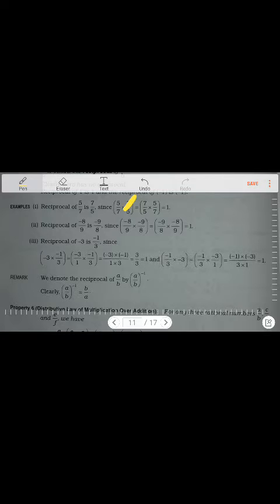Why? Because both will be cancelled. 7 7 cancel, 5 5 cancel, and there will be 1. 1 into 1 by 1 into 1 will become 1 only. And here also the same, 7 7 cancel and 5 5 cancel, then it will become 1 into 1 by 1 into 1, that is 1 only. 1 by 1 is 1.